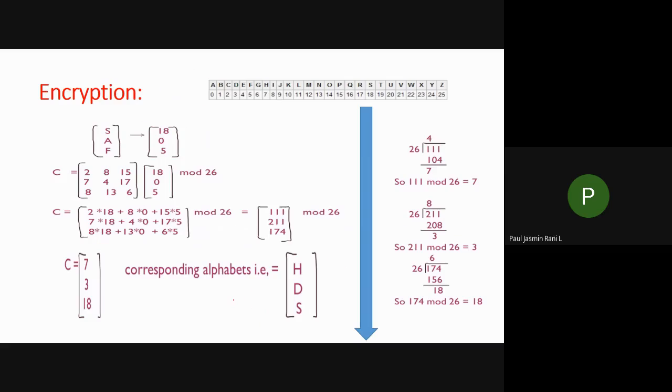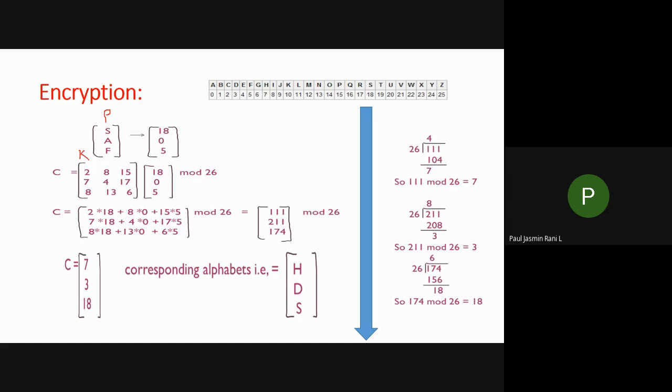What is the formula for converting plain text into cipher text? In order to get your cipher text, you have to multiply your plain text with your key and then do the mod function with 26, isn't it? Now your plain text is SAF, and your key is this 3 cross 3 matrix.